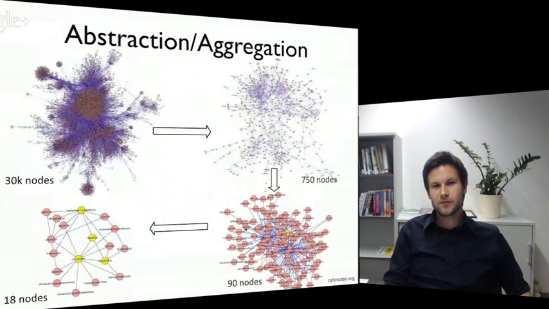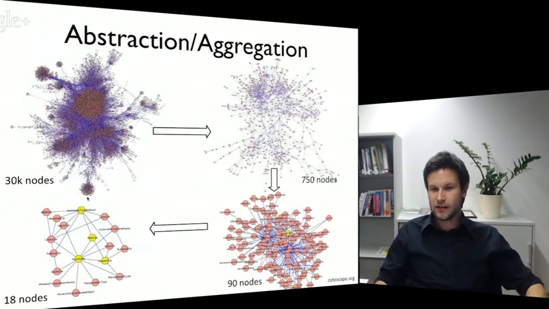And we already talked about this concept of abstraction and aggregation. So how people try to work with these kinds of graphs is to find an abstraction that joins multiple nodes to a single node. And this forms a hierarchy.